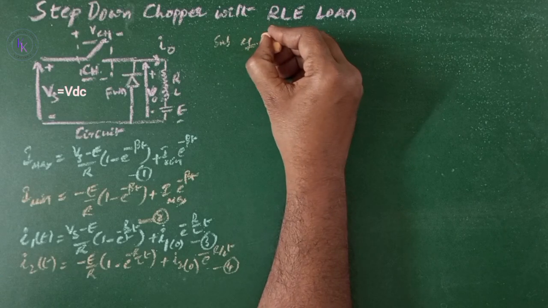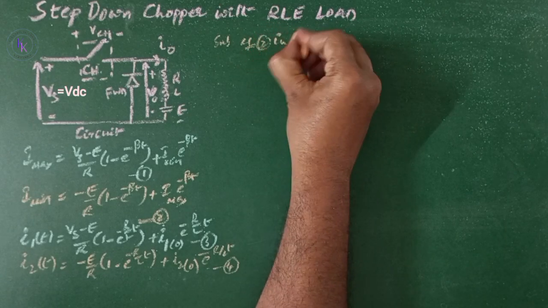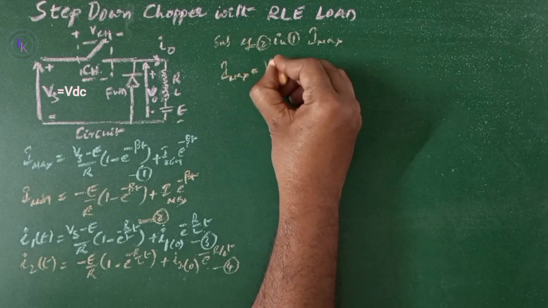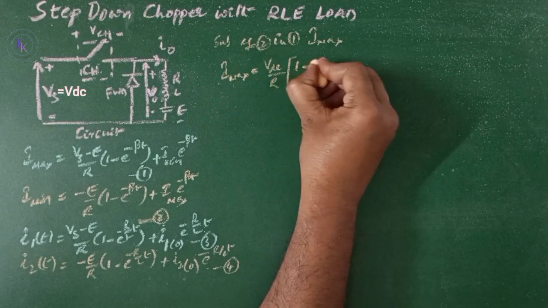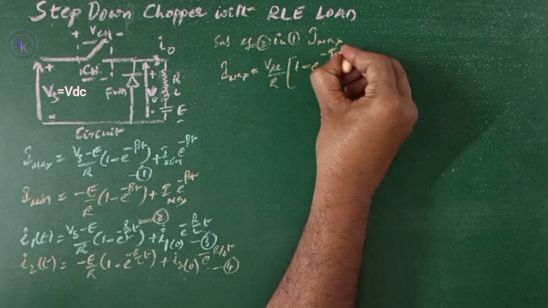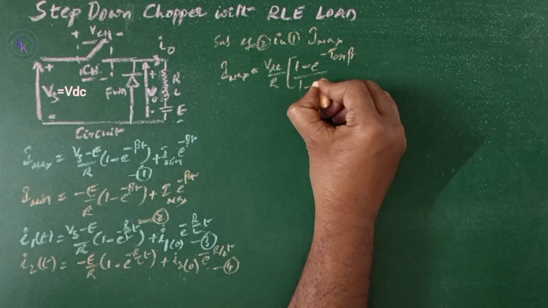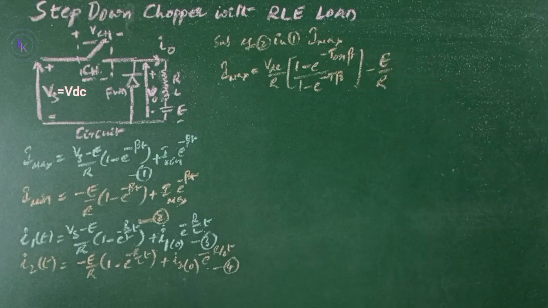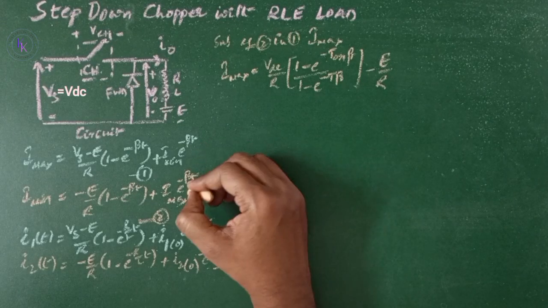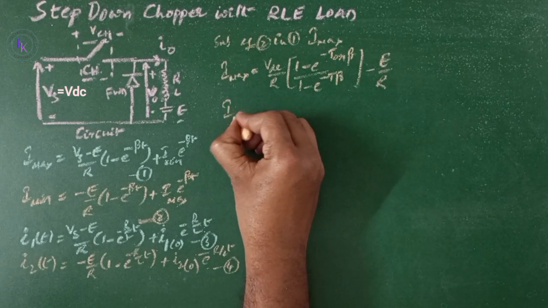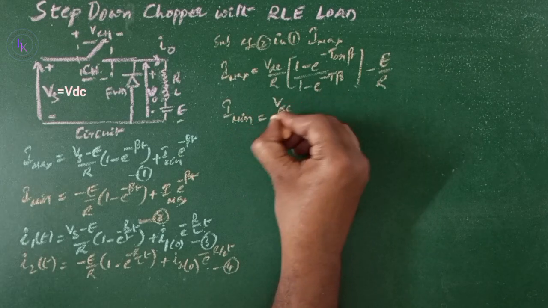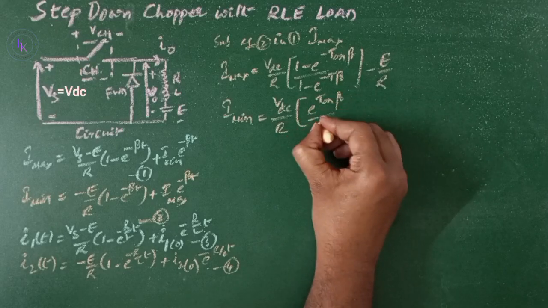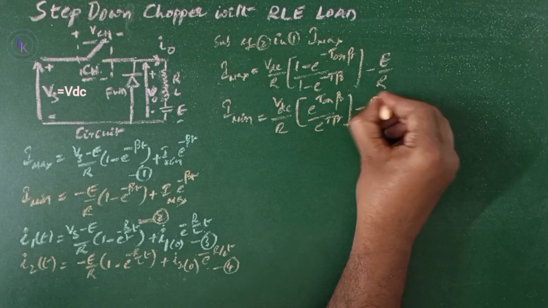Substituting equation number 2 in 1 to get I max. When you solve for I max, you will get I max = VDC/R of (1 − e^(−T on beta))/(1 − e^(−T beta)) − E/R. Similarly, by substituting 1 in 2, if you solve for I minimum, you will get VDC/R of (e^(−T on beta))/(e^(−T beta)) − E/R.